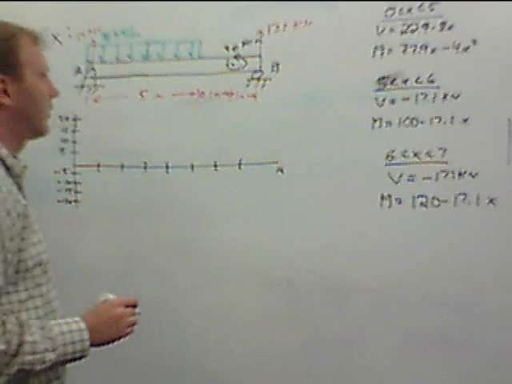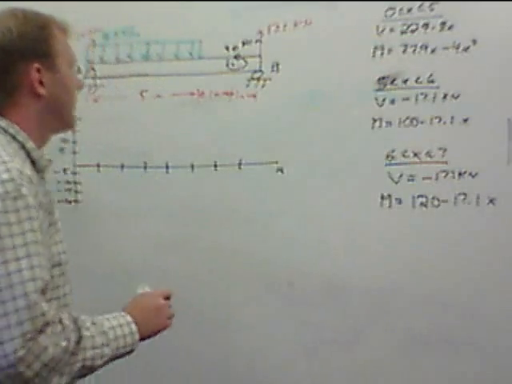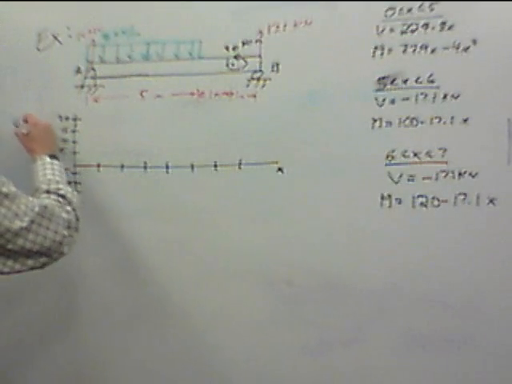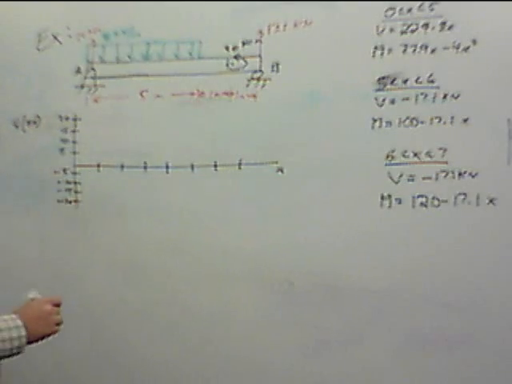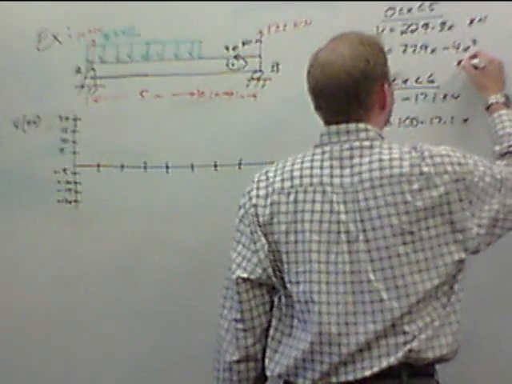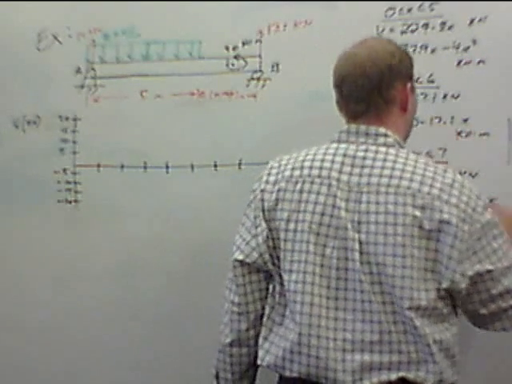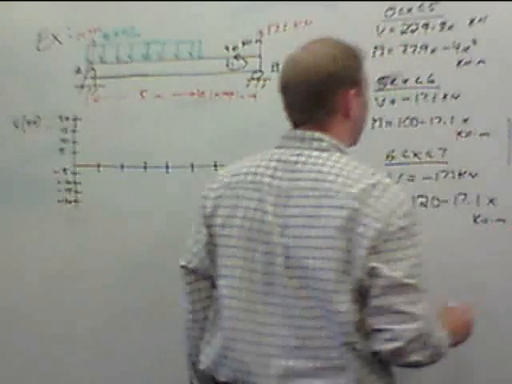Okay, you can set up whatever scale you like. All right, at 0, my shear, this is shear in kilonewtons. Okay, units on these are kilonewtons, these are kilonewton meters.